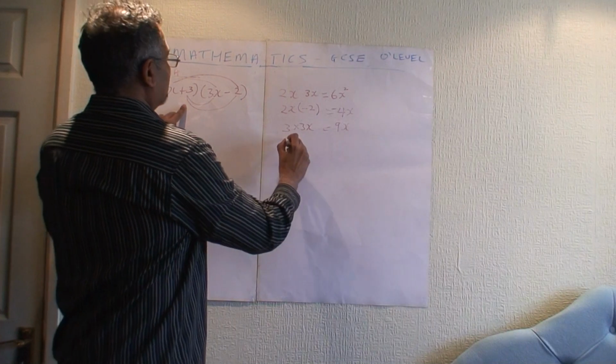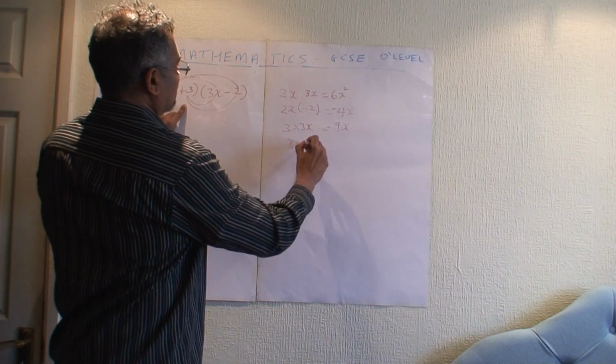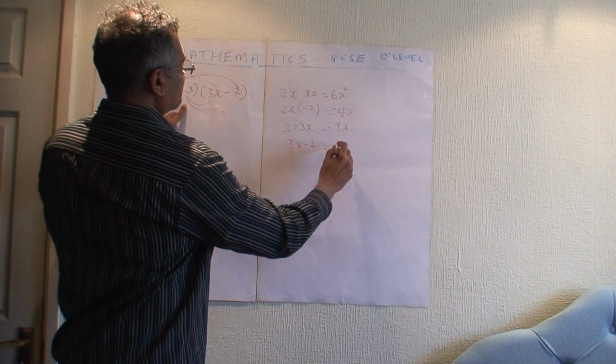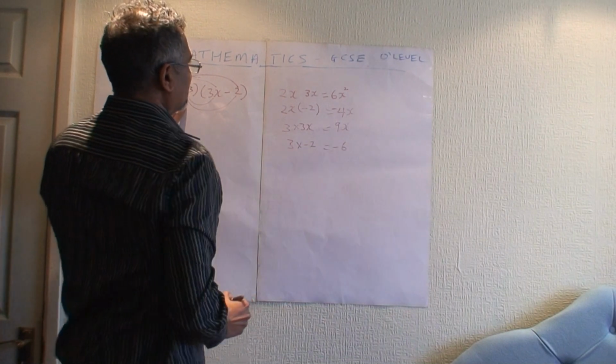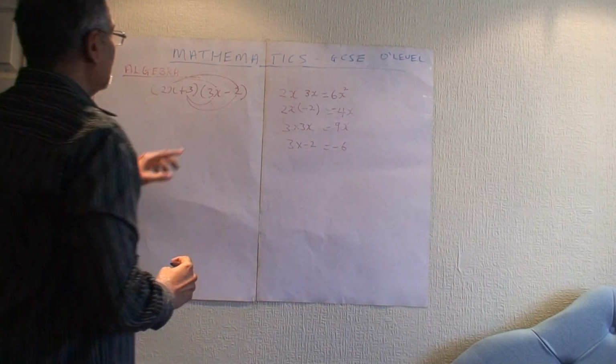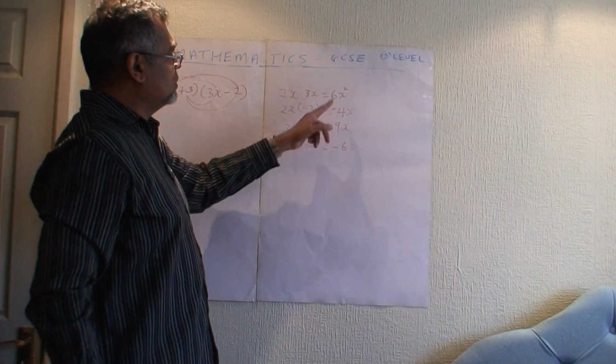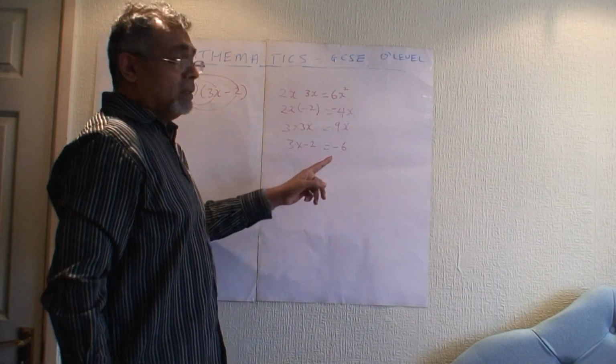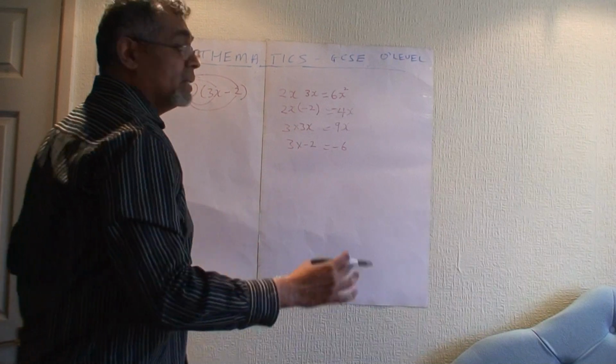And 3 multiplied by minus 2 gives you minus 6. So we have all these terms here, and we write that out.